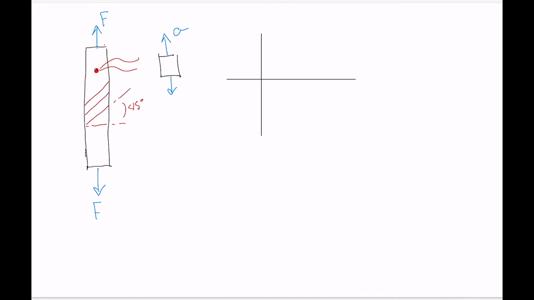So the center of the circle is going to be located at the average normal stress, which is whatever the value of sigma is, divided by 2. It's the center of the circle. And then the reference point, point A, is the stress on the right-hand side. So that's right here at the origin. And then the radius of the circle extends from C to A, and the circle ends up looking like that.